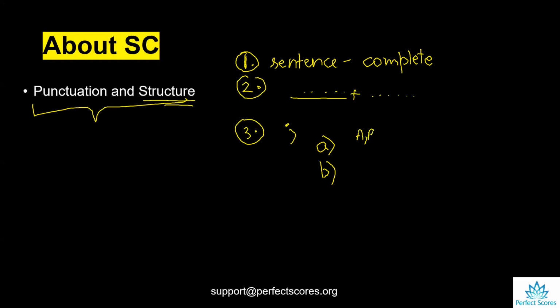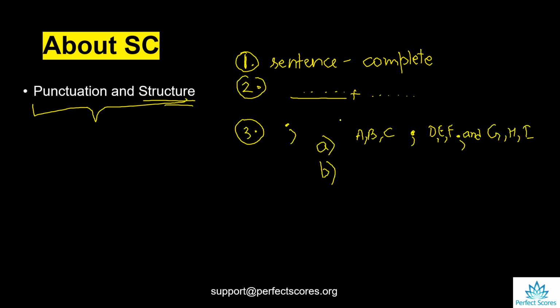For example, you have 3 activities, A, B, and C, and 3 other activities, D, E, and F, and then 3 other activities, G, H, and I. When you separate them, you can't just use a comma here and an "and" here. You need to use a semicolon here and a semicolon here.